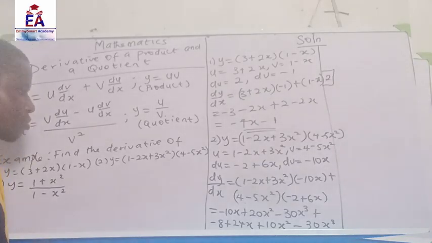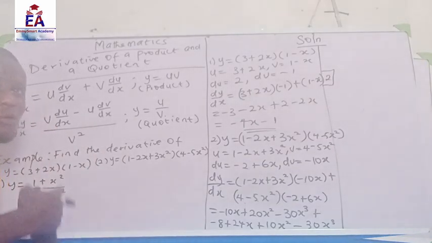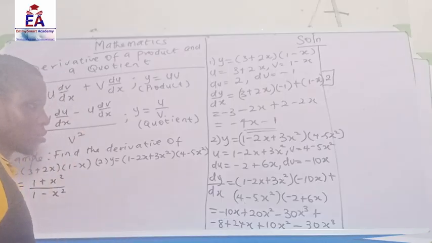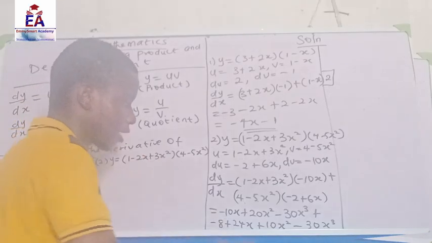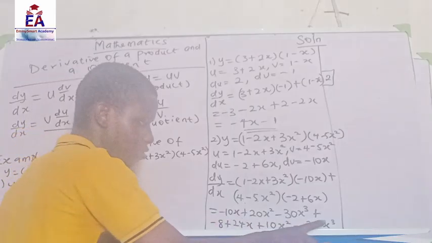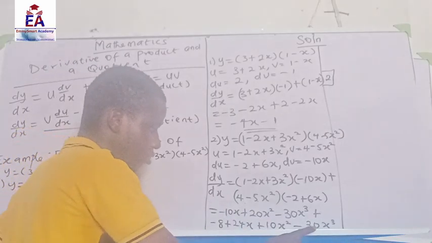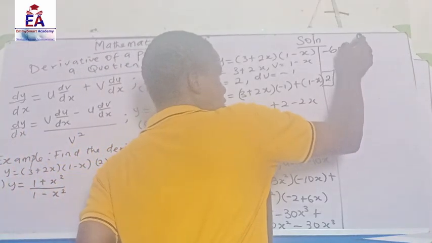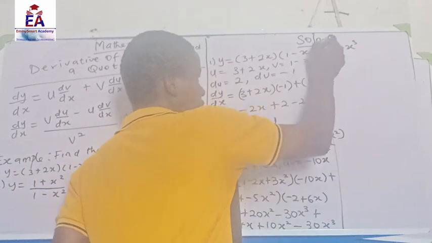Alright, so now we collect like terms. We start with the highest power. The highest power is x to the power 3. We have minus 30 minus 30, which is minus 60x to the power 3.